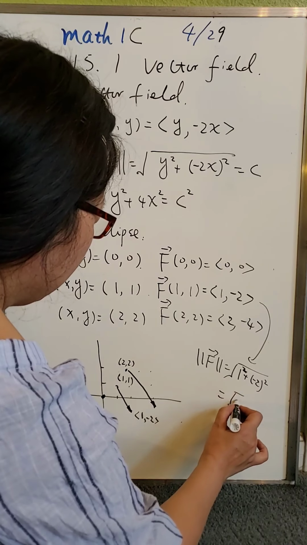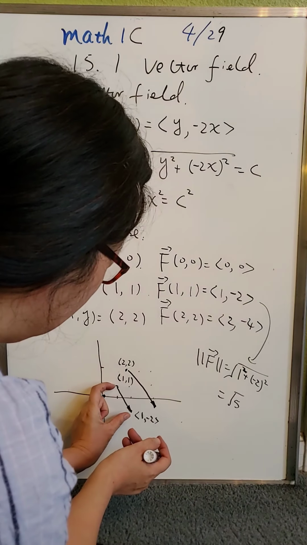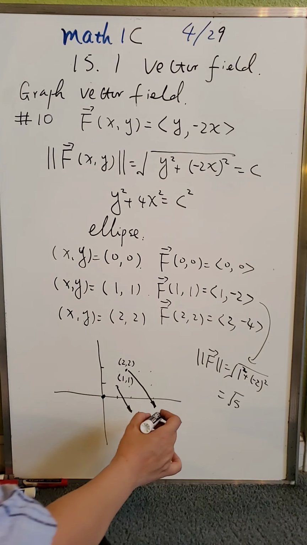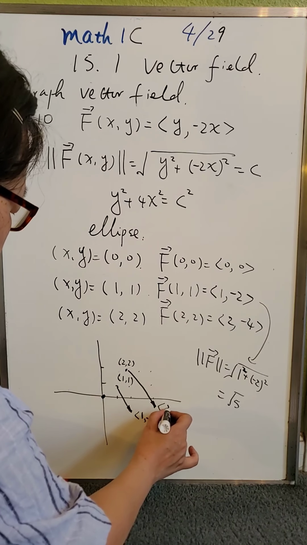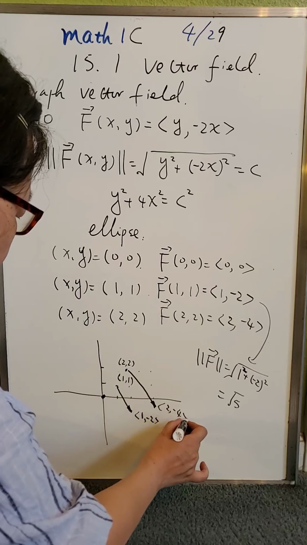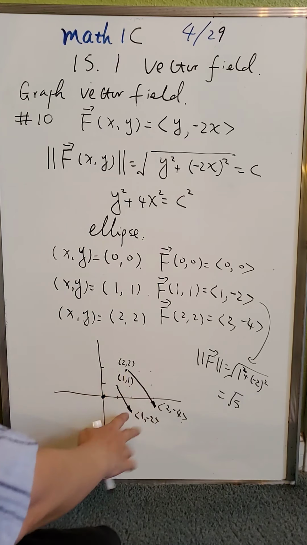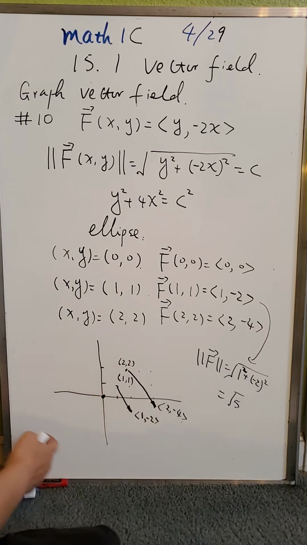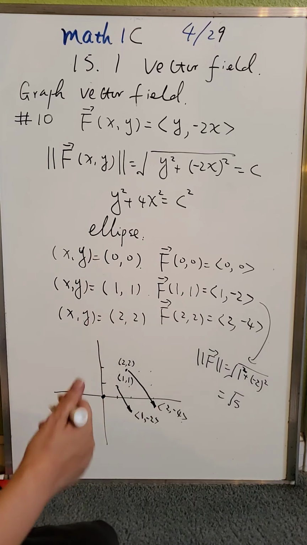So it's equal to square root of 5. So that means that the length here is equal to square root of 5. I forgot to label this one, so it's 2 and negative 4. So it looks like an ellipse. If you draw everything, if you pick enough points, it comes out like an ellipse.